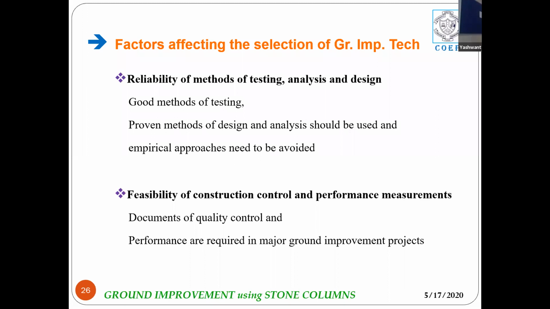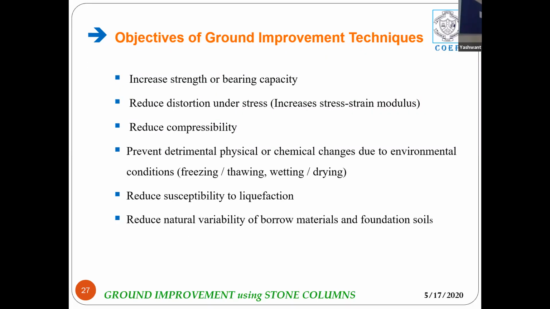Now, why is ground improvement required? What is the aim and objective? These objectives have been provided by Barksdale. Somehow that particular reference tag is missing here. These are suggested by Barksdale and Backus in their report. They had submitted it to FHWA USA, and I would like to make a special mention.